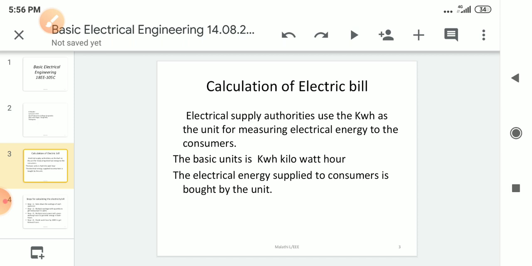So it is a product of time and power. This unit is what? Kilowatt hour. We call it 1 unit or 1 kilowatt hour. In simple language we are taking it as 1 unit. 1 unit means 1 kilowatt hour, the energy consumed by an electrical appliance at 1 kilowatt for 1 hour.